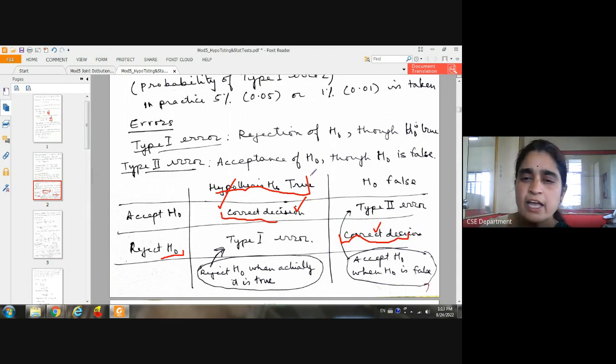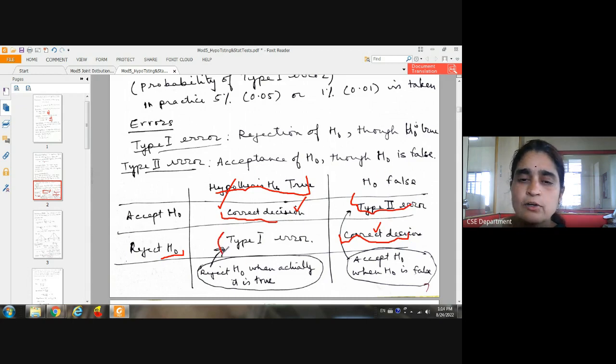Now say the hypothesis is false. Actually, the company's claim of 800 is wrong, but you say, okay, we'll take it, maybe some little error. If you accept it, then you have made an error. This is called type 2 error: when actually it is false, but you have accepted.